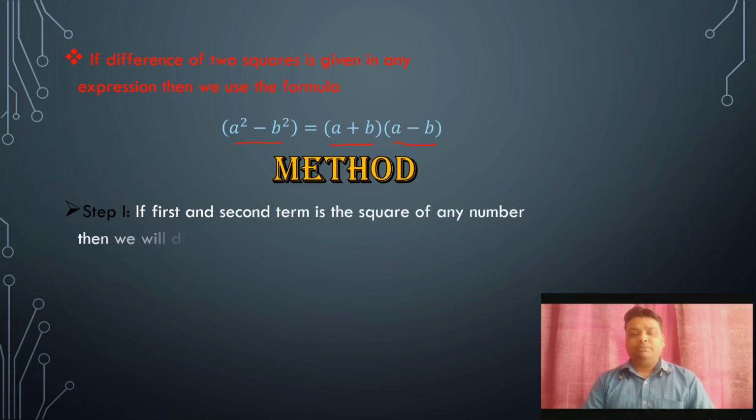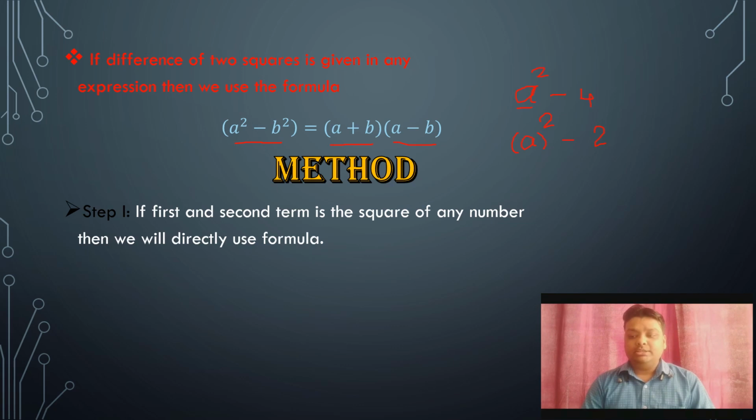Step 1: if the first and second terms are squares of some number, then we will directly use the formula. It means, if it is given that a square minus 4, then a square is the square of a, and as you have already studied in squares, 4 is the square of which number? 2.